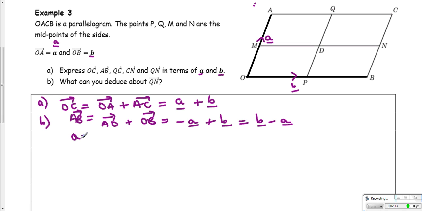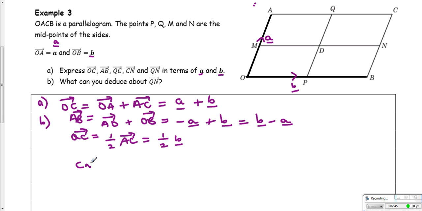Next one, QC. Well, to get from Q to C, you could go lots of different routes, but I would just look at where it's positioned. It's going horizontally, and rather than being the whole side, it's actually half of the length of AC. And we know from earlier that AC is the same vector as OB, so we just write it as a half b.